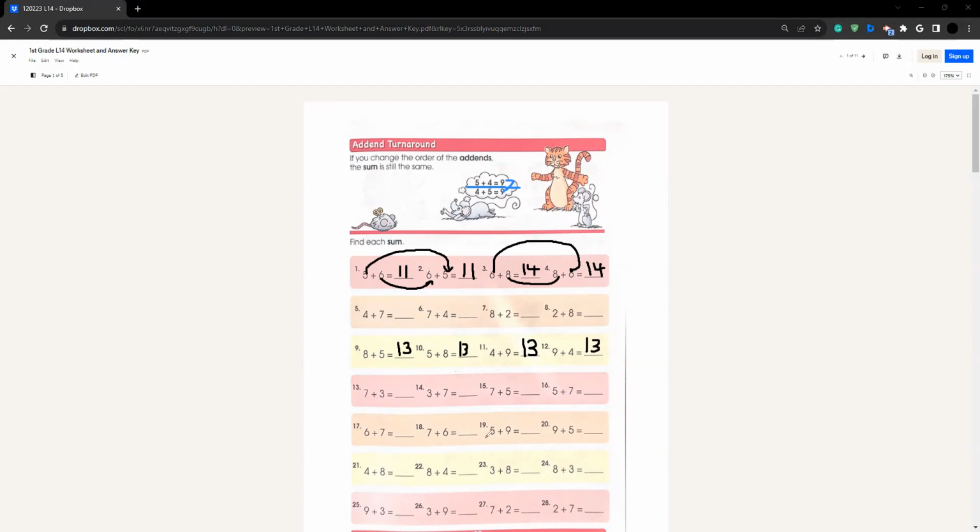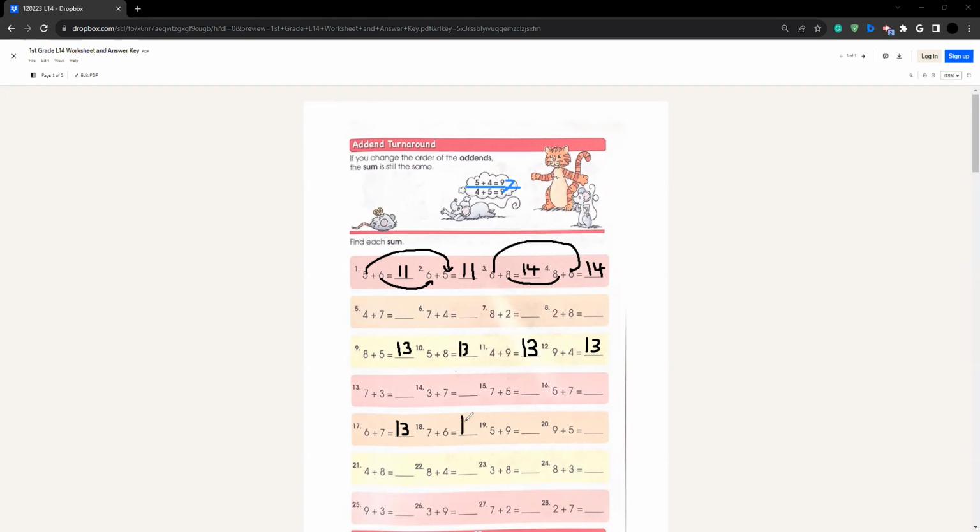Okay. Let's do 4 more. Number 17 says 6 plus 7. 6 plus 7 is 13. Then 18 says 7 plus 6.